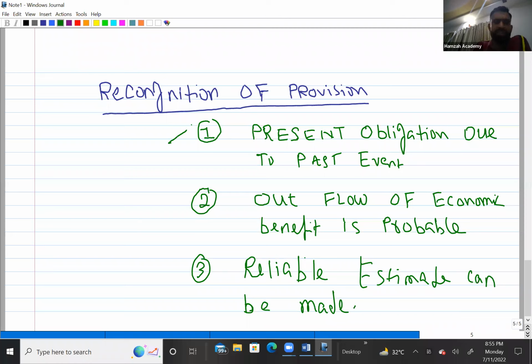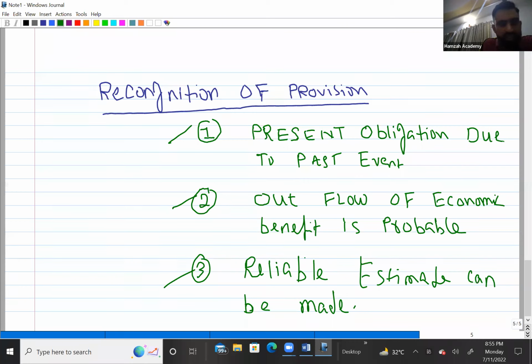If all these 3 things are fulfilled, there is a present obligation due to past event, outflow of economic benefit is probable, and reliable estimate can be made of that benefit which is involved in fulfilling the obligation, then a provision can be recognized.